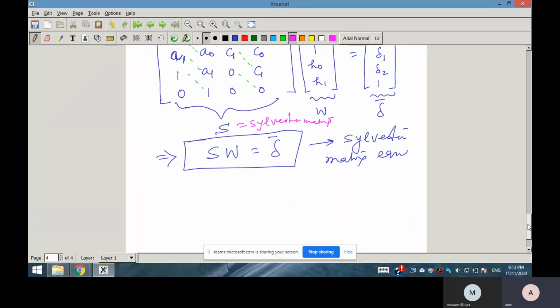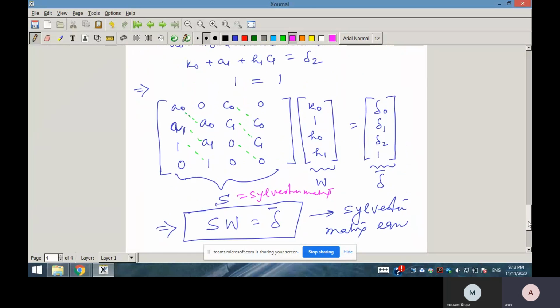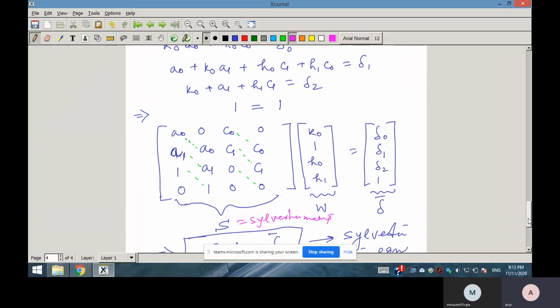It was in linear algebra. I do not know whether you have studied or not. In Hoffman and Kunze's book, all these things are there. So in a linear algebra course, it is there. Also in advanced control theory it is proved that this kind of Sylvester matrix equation is invertible if CS by AS is co-prime.